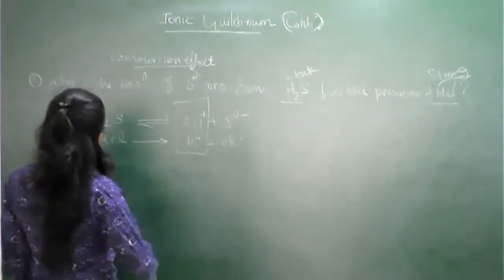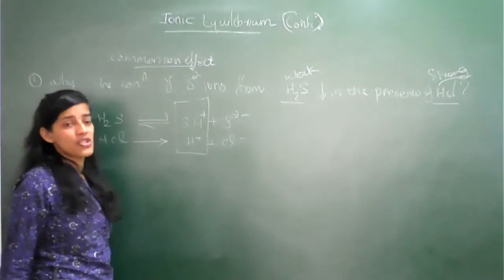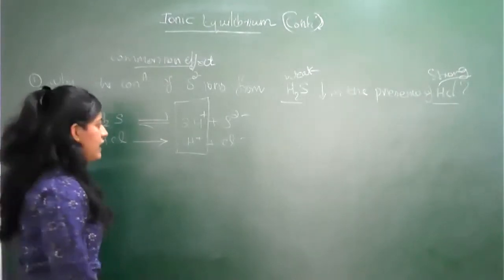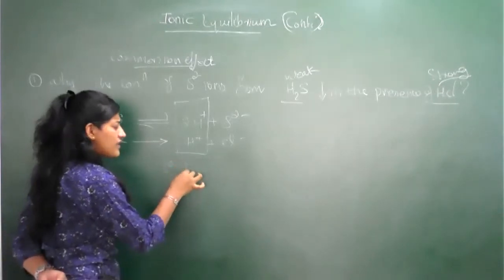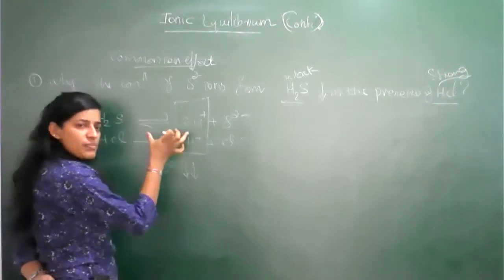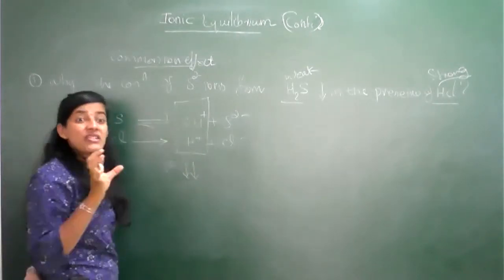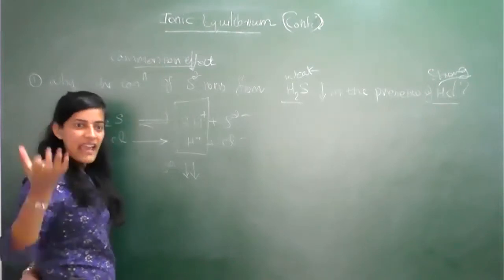But the question is why the concentration of S2 minus ion from H2S decreases in the presence of HCl. Because that S2 minus is of course a very small amount only. Why? Because H plus is more. So which one will finish first? S2 minus, the limited one, will finish first, then the excess one.